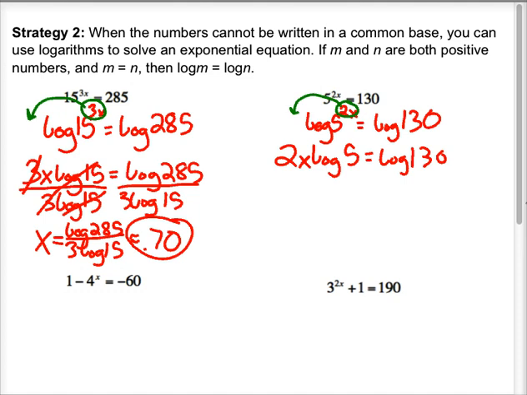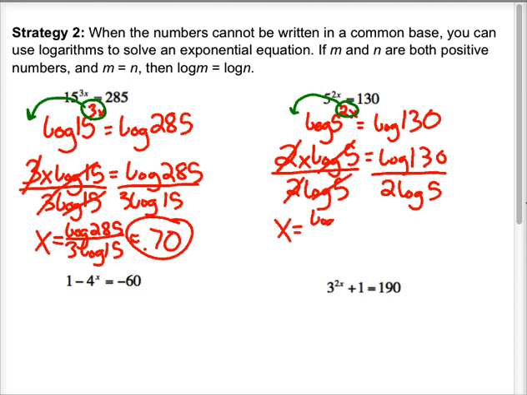And the power of that is now that I have x just multiplying things, all I have to do is divide everything off of this side of my equation. So divide off the 2 log 5. So all I have left is my x.